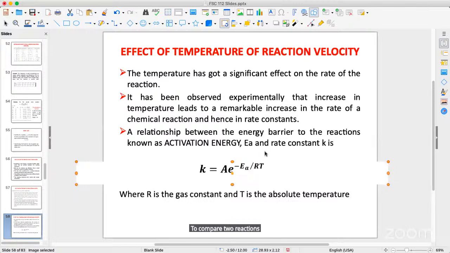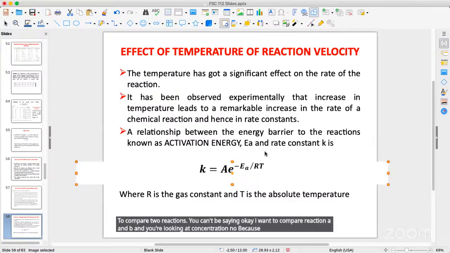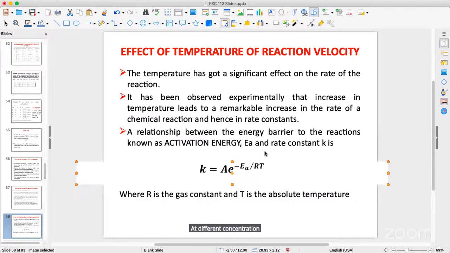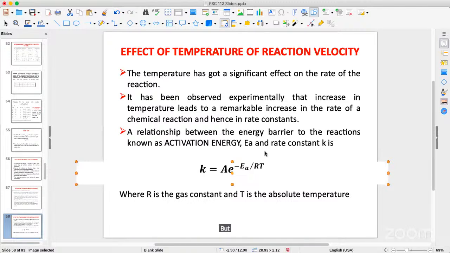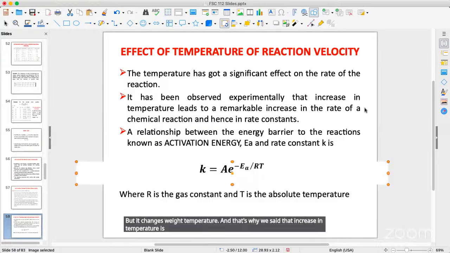You can't say, okay, I want to compare reaction A and B, and you're looking at concentration. No, because even for each of those reactions, the rate will be different at different concentrations. But the rate constant is expected to be the same, irrespective of what happens to concentration. But it changes with temperature. So an increase in temperature leads to a remarkable increase in the rate of reaction, and hence its rate constant.